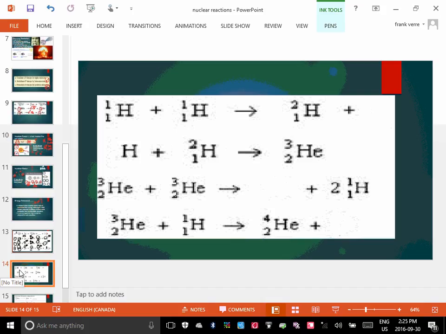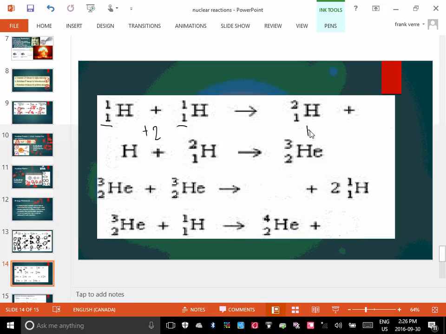Nuclear fusion. You can pause for a second, I'm recording this so you can watch it later. Here we have 2 hydrogen atoms, 2 H1s, coming together to form H2. But take a look at something. What's the nuclear charge? 1 and 1, which is plus 2.